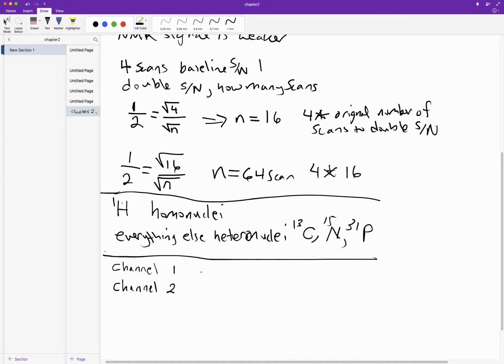Channel 1 is dedicated to the high frequency nuclei, proton and fluorine, and channel 2 is basically everything else. But typically it is C13, because for an organic chemist, all you generally care about is protons and carbons.